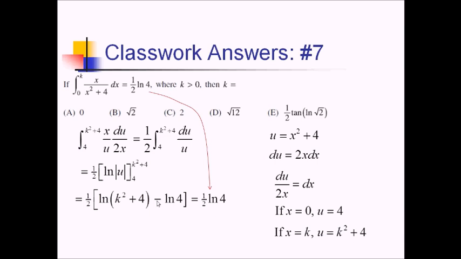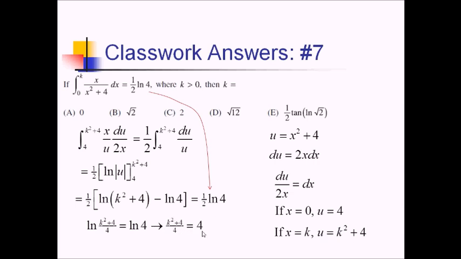If you're subtracting logs, you can divide the things inside, so the left side is ln of k squared plus 4 over 4. Next, these both have an ln, so I can drop the ln's. Then I have k squared plus 4 over 4 equals 4.